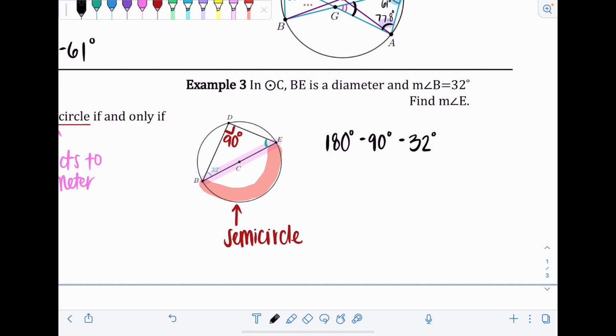If you recognize that 180 minus 90 is 90, you can just do 90 minus 32, that's fine. If not, also totally fine. So 180 minus 90 minus 32 is 58 degrees. So you'd say the measure of angle E is 58 degrees.